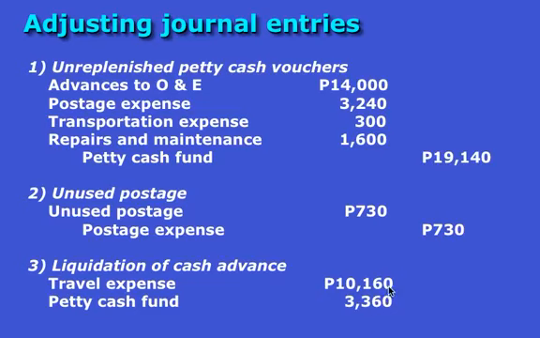So, ito yung total amount liquidated. Credit, advances to officers and employees. So, notice, di ba 14,000? May balance pa na 480. Yan yung nakita natin kanina na unliquidated cash advance. So, may balance pa. May receivable pa from JR. 480.